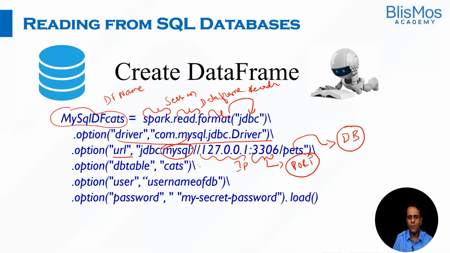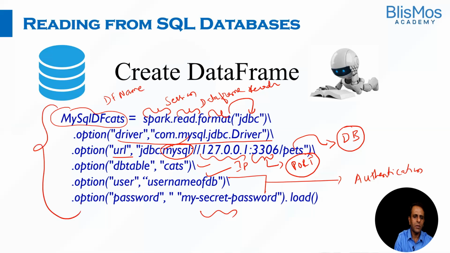After that, the table from which you are trying to get the data. Next thing is we got to provide the authentication parameters also, like what is the username with which you can log into the database you are trying to connect to, and what is the password of the database. All these options need to be provided to read data from any database.